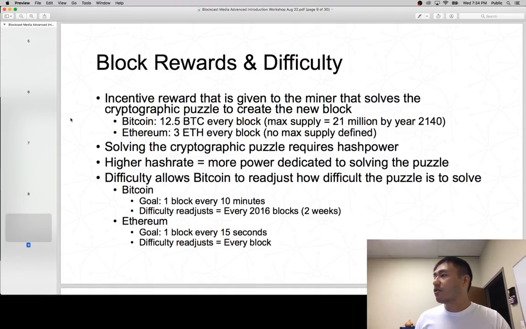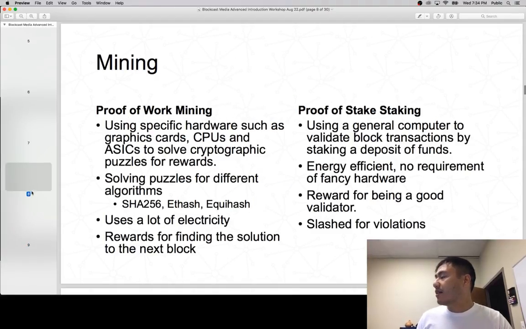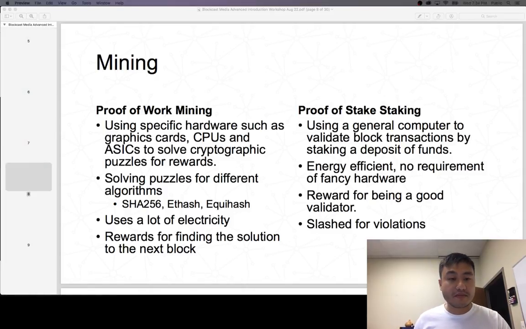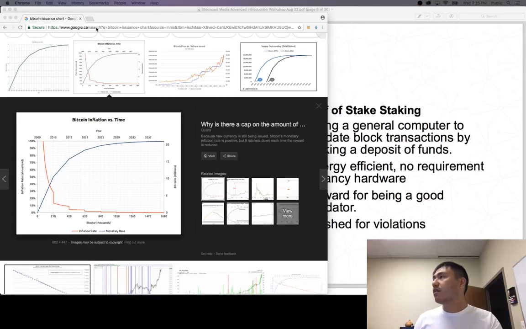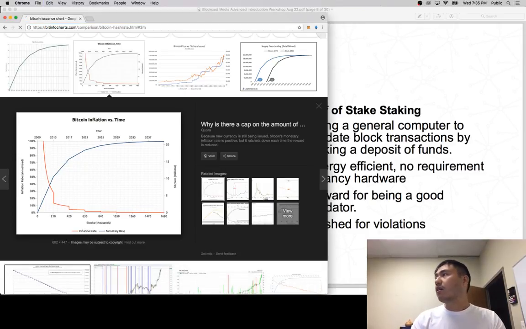So a good way to see what this hash power is, there are some sites out there that will show you what the global hash rate is. I believe BitInfoCharts has a graph that will allow us to see what the hash power is for Bitcoin.